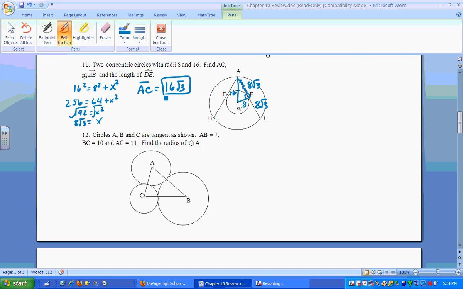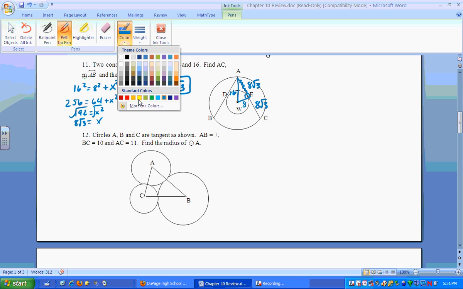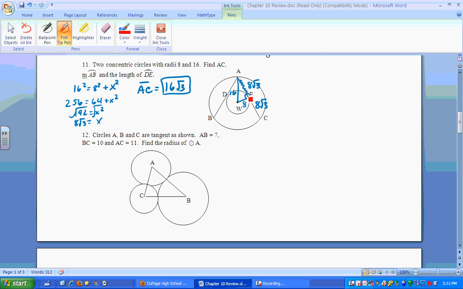What do we notice now? Now what we notice is that this triangle right here ends up being a 30, 60, 90. So this angle is 60. This angle ends up being 30 up here. We want to find the measure of AB. AB is right here. Well, AB is congruent to AC because we know the arcs are the same.